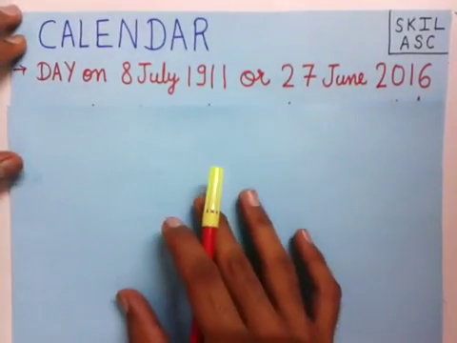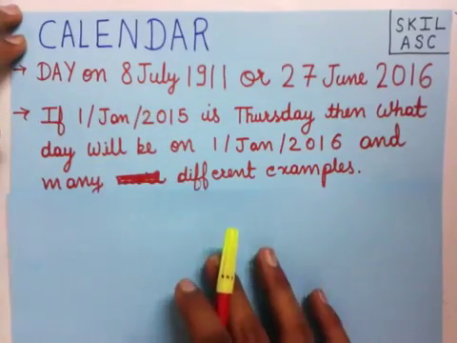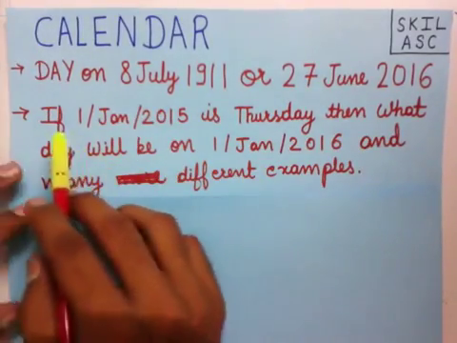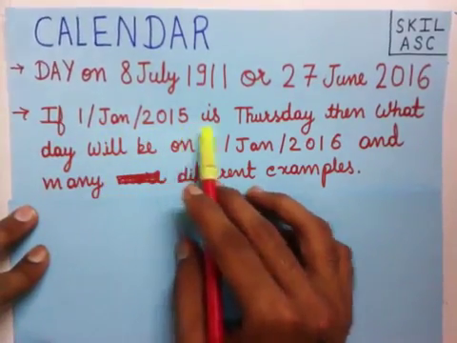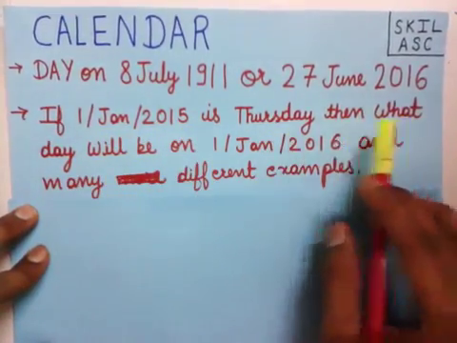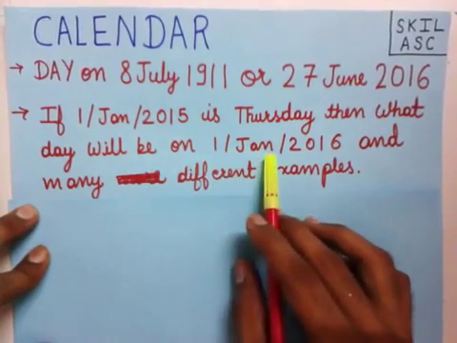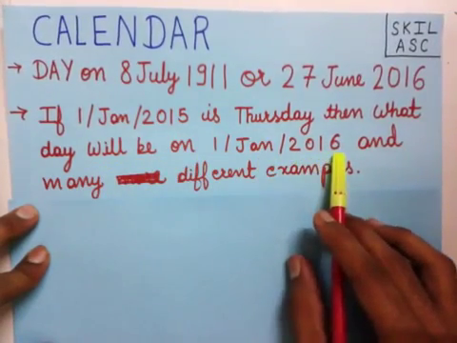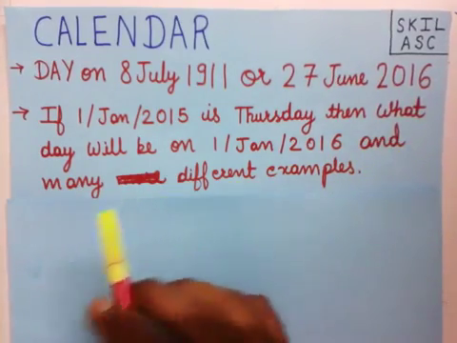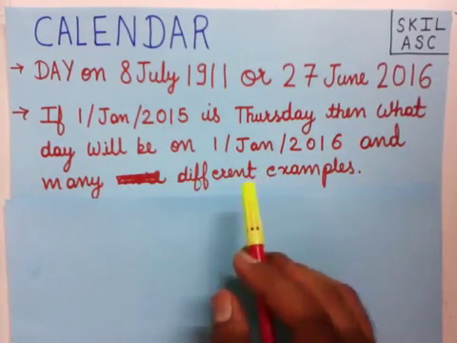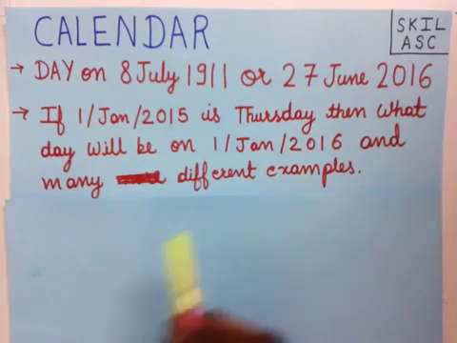Or you may find questions like these in many exams, like if 1st June of 2015 is Thursday, then what will be the day on 1st January of 2016? And there are various kinds of examples or questions you will see in your daily life or in many exams related to calendar.